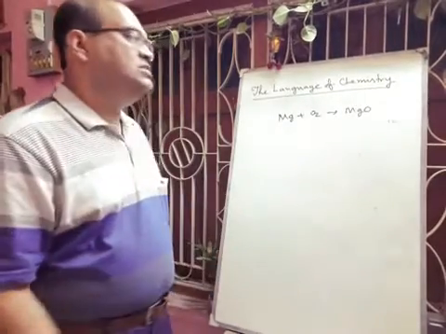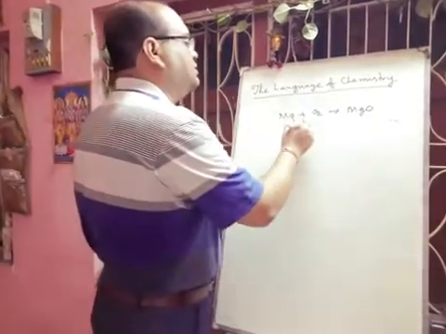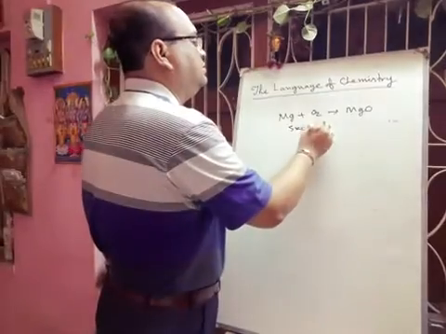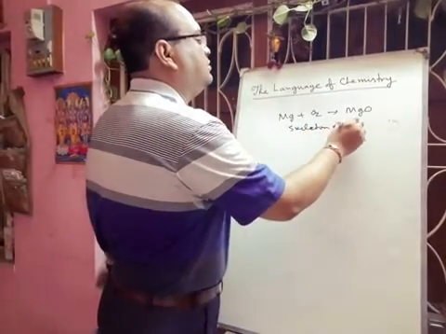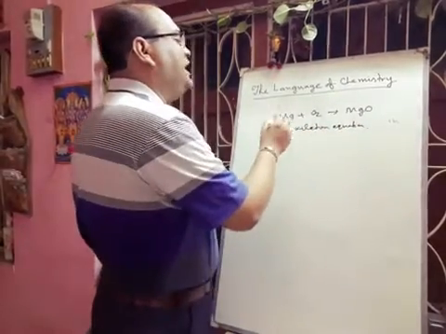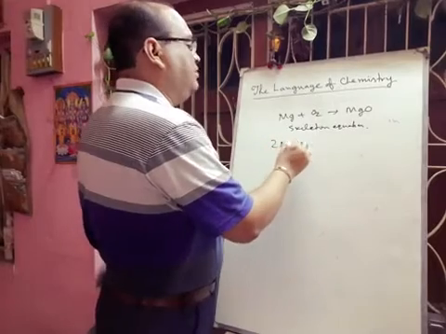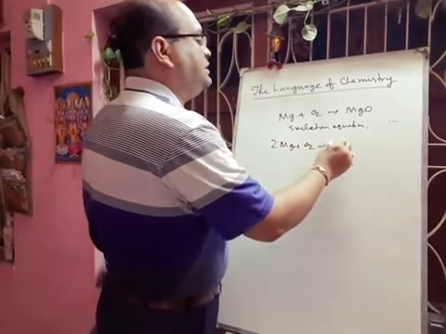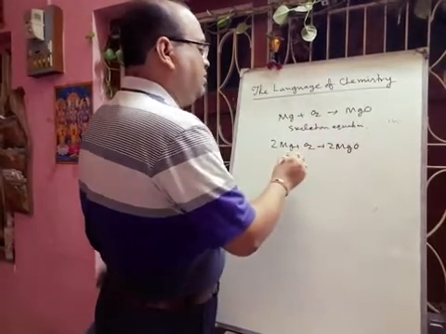In this case it is not balanced, so this is called a skeleton equation. And when we write 2Mg plus O2 forming 2MgO, definitely it is called a balanced equation.